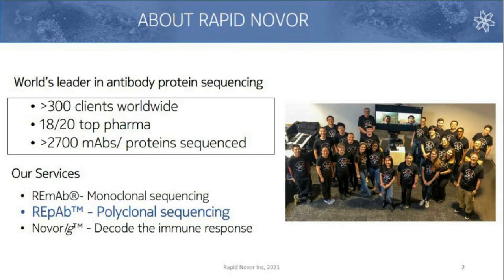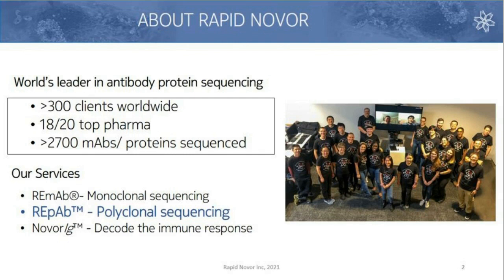Over the past several years, we've been able to work with many of the major pharmaceutical companies across the world. We've been able to help many major academic institutions such as MIT, Harvard, UCSF, Oxford, and Cambridge in the UK. And we've sequenced over 2,700 different monoclonal antibodies or proteins using our mass spec-based approach.